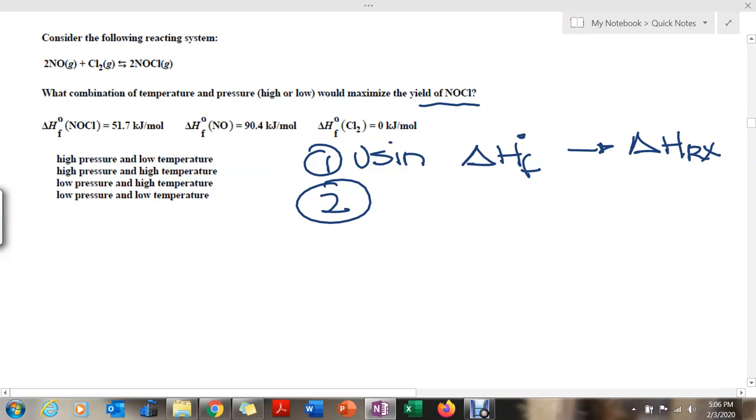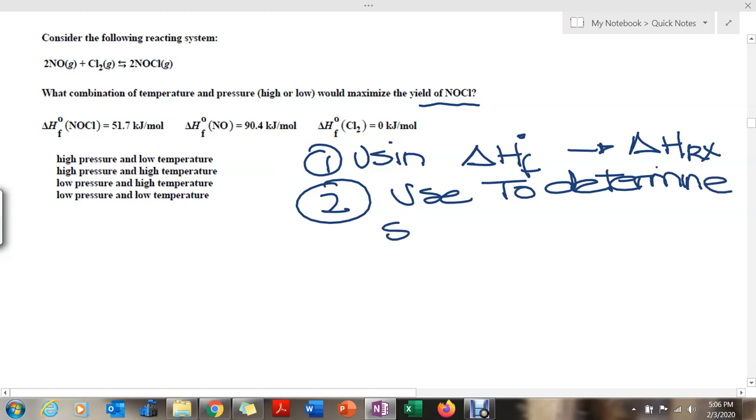And that is used to determine the shift or direction of the equilibrium when I change temperature.